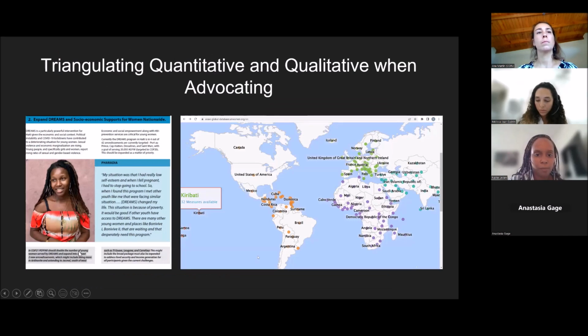advocacy. Another way that's really been impactful, and Anastasia spoke about that right before me, is putting the two types of data together when creating an advocacy ask.